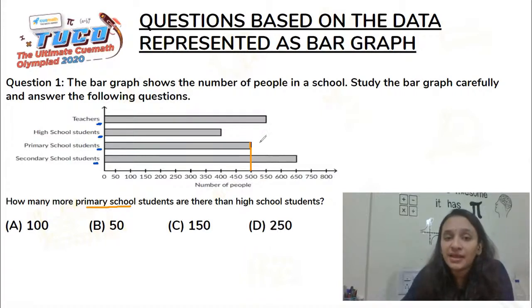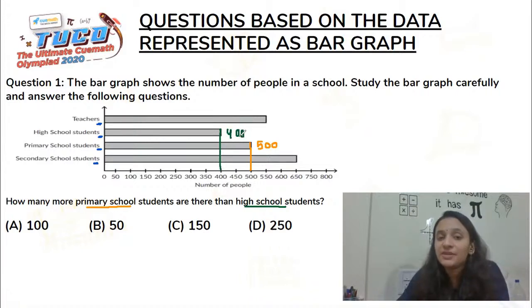So that would mean that there are 500 primary school students. Now we can do exactly the same thing for high school students. We would go where the high school students are. The bar ends here, and right from here only you would drop a perpendicular, and it touches 400. So that would mean that there are 400 high school students.